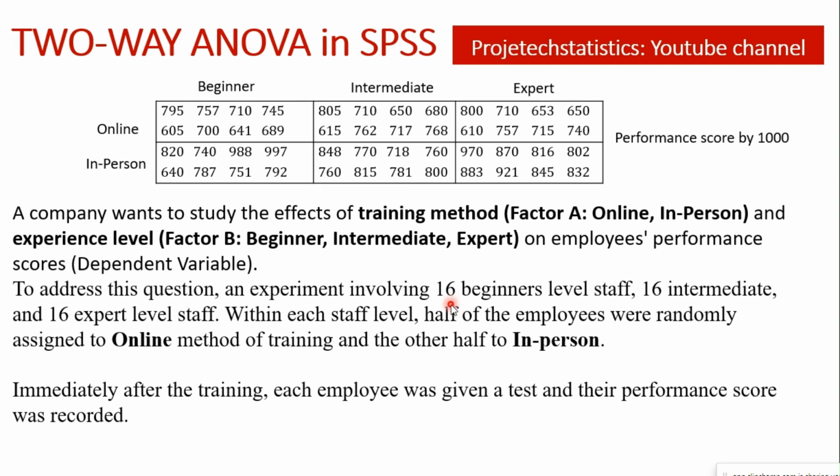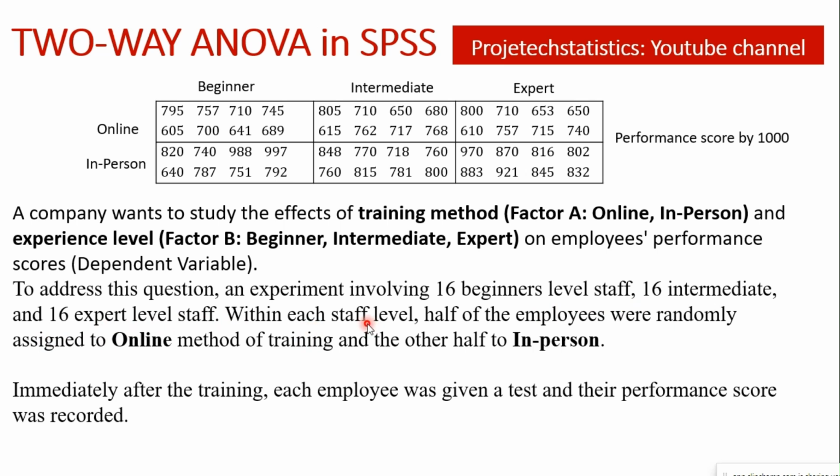So this is the data we have gotten from this experiment. The company wants to study the effect of training methods and the experience level on the employee performance. So to address this question, the experiment involved 16 beginner level employees, 16 intermediate level, and 16 expert level staff.